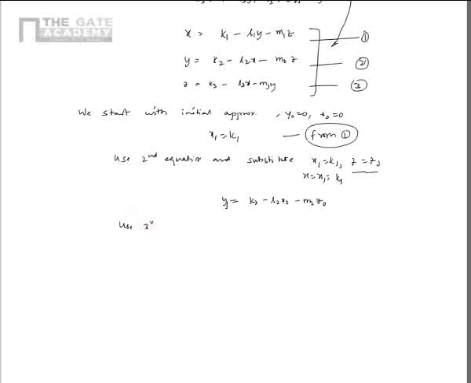Now we use the third equation and substitute x is equal to x1, y is equal to y1 to get z. So we get z1, which is k3 minus l3 x1 minus m3 y1.